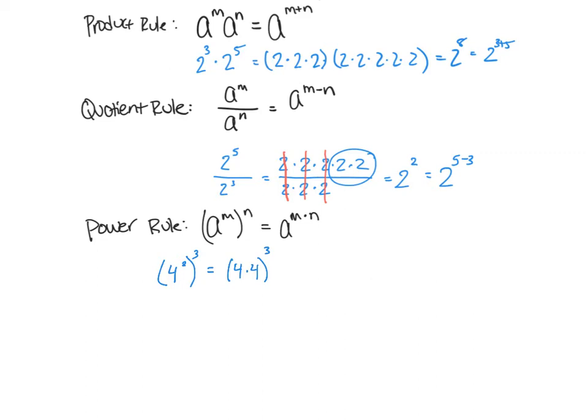And remember, anything to the power of 3 is just times itself 3 times. So it's really 4 times 4 times 4 times 4 times 4 times 4. Really, we're just multiplying 4 by itself 6 times, which is the same as 4 to the power of 2 times 3.